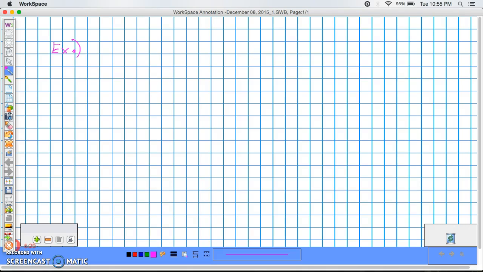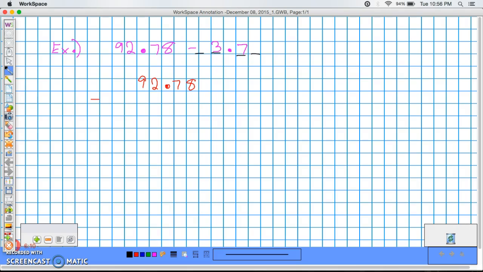Our last example. Here we go. We have 92 and 78 hundredths. Subtract 3 and 7 tenths. Let's fill in this one. Now again, it's important to use the graph paper because it keeps your numbers in order. So let me get 92 and 78 hundredths. Subtract. Now, you see how this one has a tenths, but it does not have a hundredths, and it does not have a tens place like the other number?